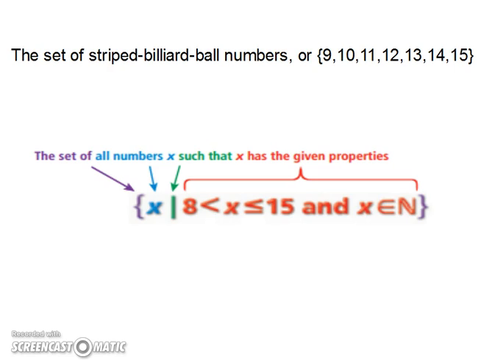So why don't we take a look at the set of striped billiard ball numbers, or, in case you're wondering, those would be the numbers 9, 10, 11, 12, 13, 14, and 15. We briefly mentioned when we were doing the vocabulary that set builder notation is like talking about a rule. Well, a rule in math is just a formula. So when you're doing set builder notation, it's a set, so you've got your braces here, and the set of all numbers x.